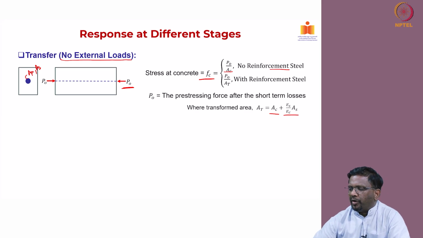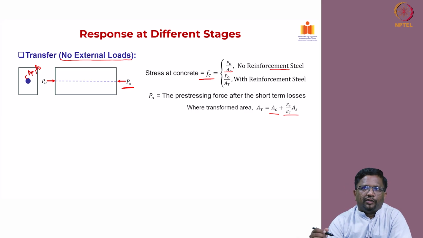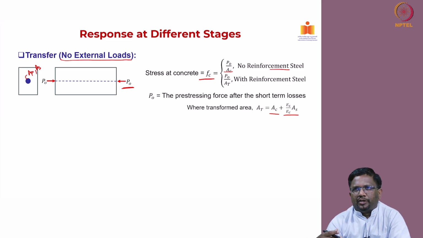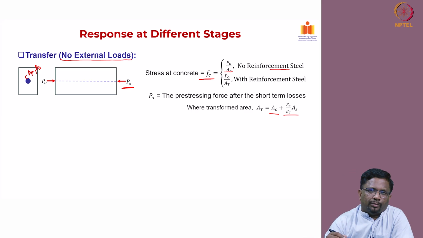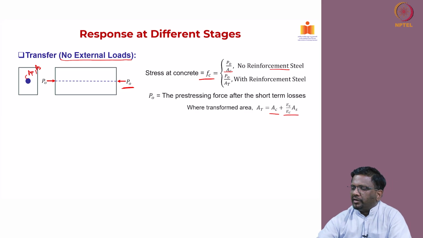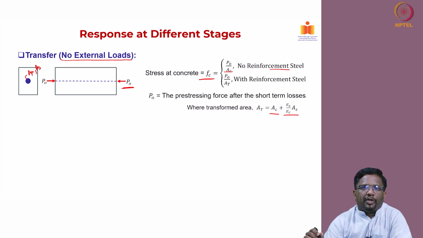So, if you take the modular ratio multiplied by the AS, it will give you the additional equivalent concrete area that is given by the steel. So, this is the way that we calculate your transformed area. Then the stress is going to be P0 divided by AT, which is not AC, it is AT whenever you have a reinforcing steel.